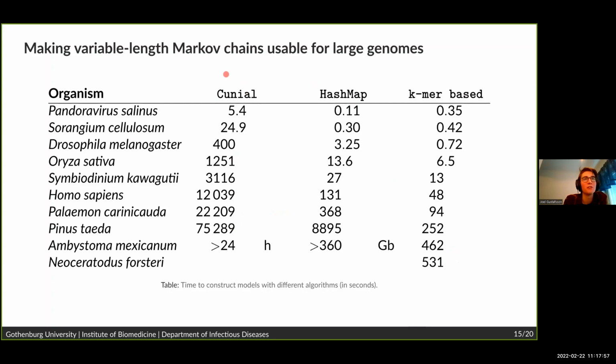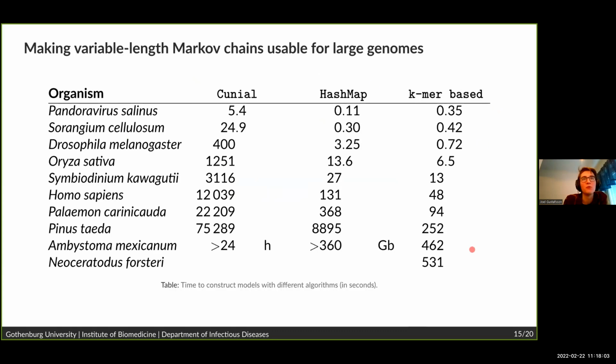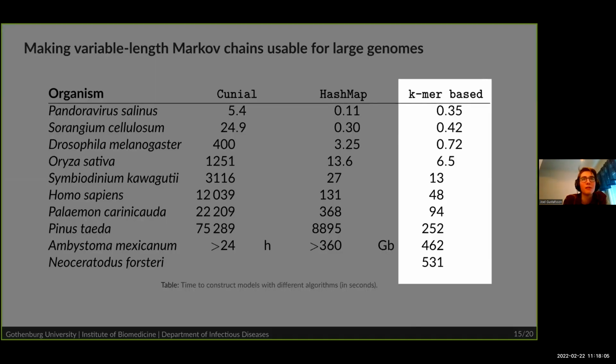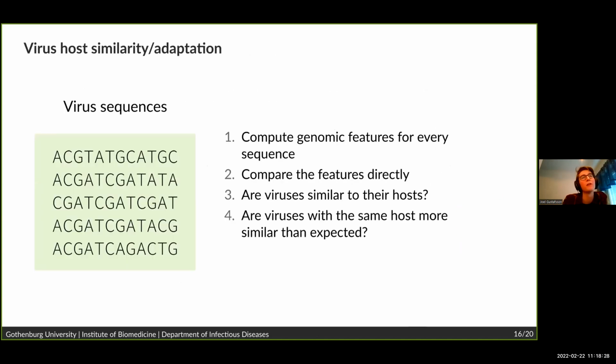This is a previous algorithm for this task, and we've developed two new algorithms, and our fastest version of this even works on the largest sequenced genomes to date in a reasonable amount of time, which means that we can now also analyze similarities in these variable length Markov chains between the virus and its host genome. Although we only look at the coding regions of the host genomes, so the difference isn't as large as it would have been if we were looking at the entire genomes.